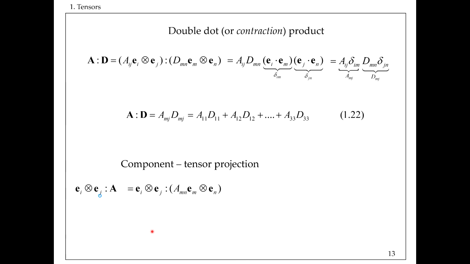Now, we just pull A_MN outside and pair this I and M exactly as we have done previously, so we can do it really very straightforwardly.